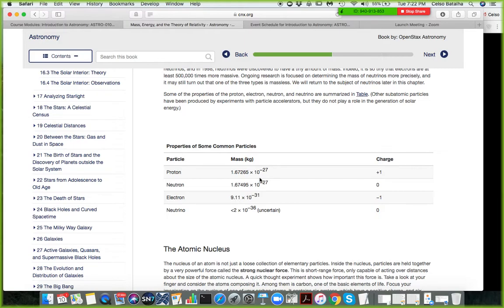But electrons are not that massive. But when you compare the mass of this resulting helium with the mass of four atoms of hydrogen, the mass of the helium atom is slightly less.